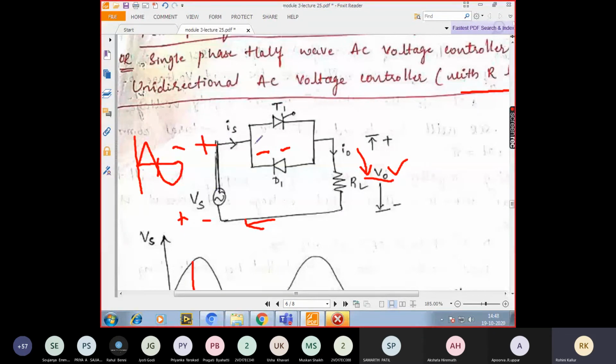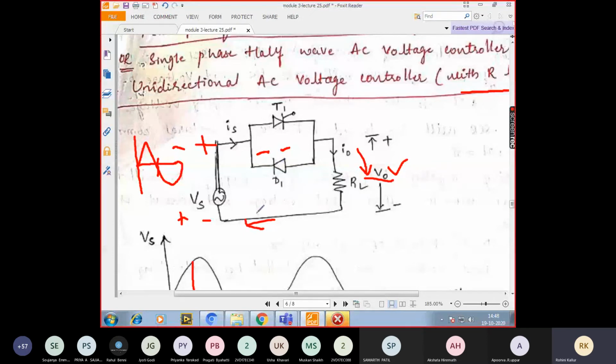The device is now in reverse bias mode. Whenever it is reverse biased, it is in reverse blocking mode, so the device will not conduct. It is acting as an open circuit. With that negative and positive supply, the diode D1, which has its cathode at the negative supply and anode at the positive supply, conducts.